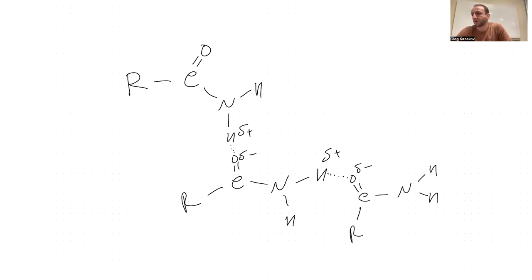Hydrogen bonding can also be present between amide molecules and water molecules. If you show an amide like this, RCONH2, I'm just looking at my notes as well, then we're going to show the hydrogen bonding.